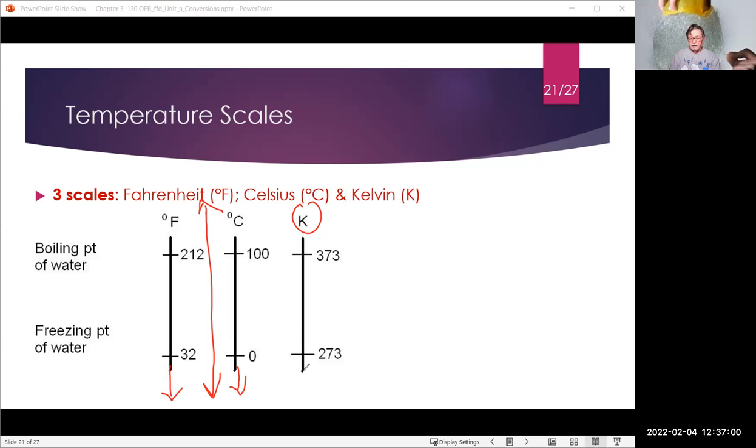Kelvin does not. Kelvin stops at 0. And that is what we call absolute zero. That is the state, theoretically, where all matter essentially stops. Even as we drop in temperature, molecules are still moving. Even in a chunk of ice, we might think the molecules would not move, but they are vibrating and moving.